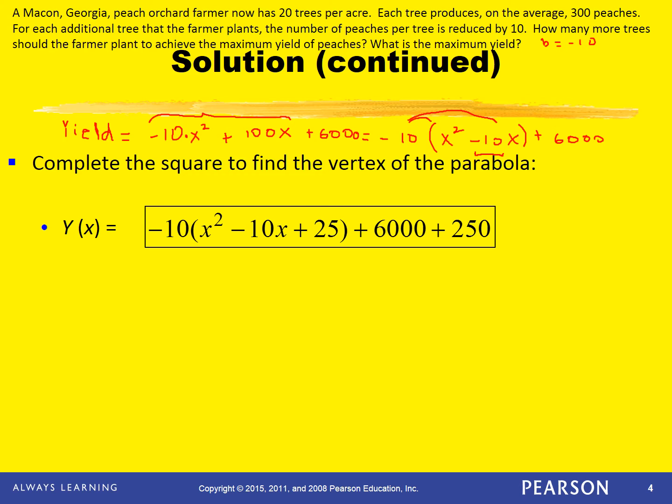The square of b over 2 is the square of negative 10 over 2, which is the square of negative 5, or 25.